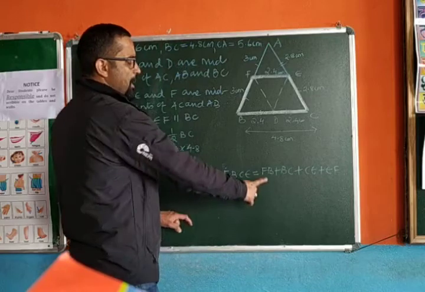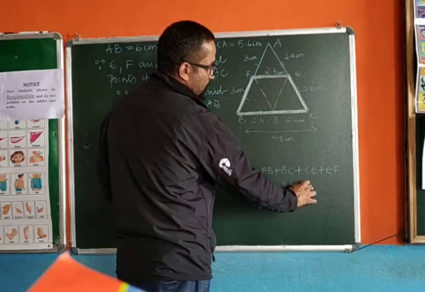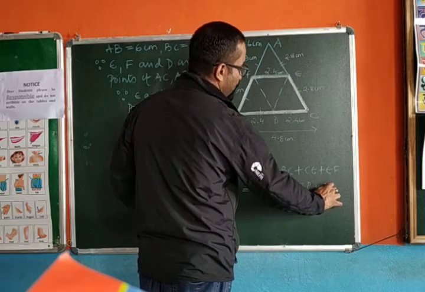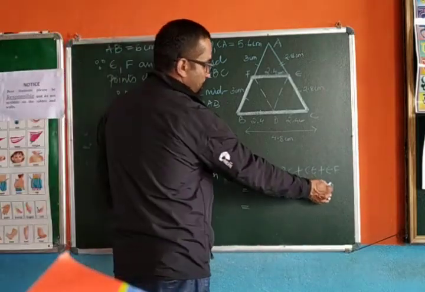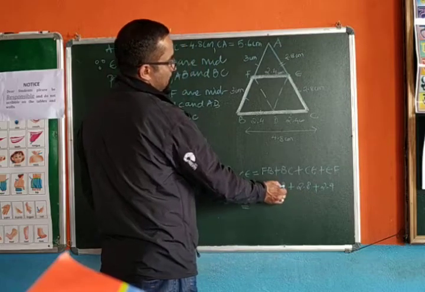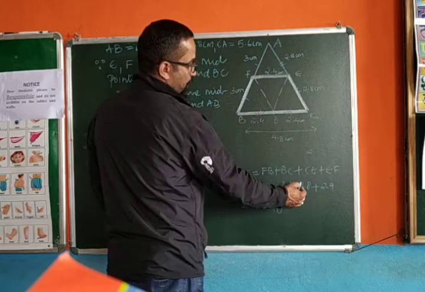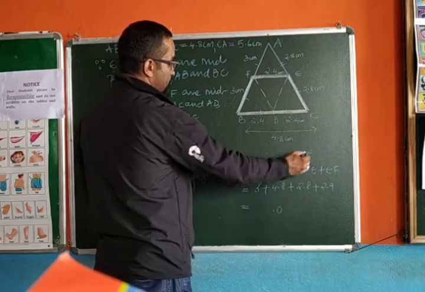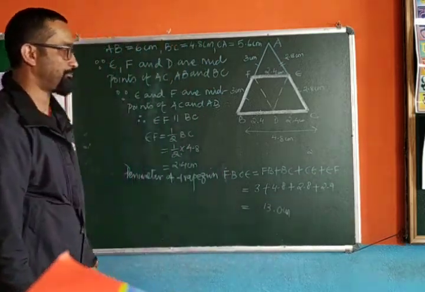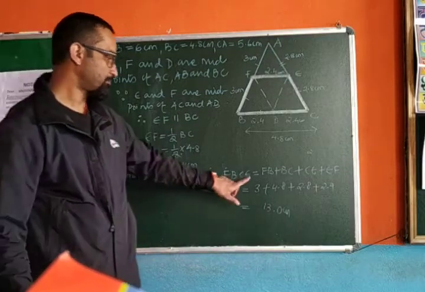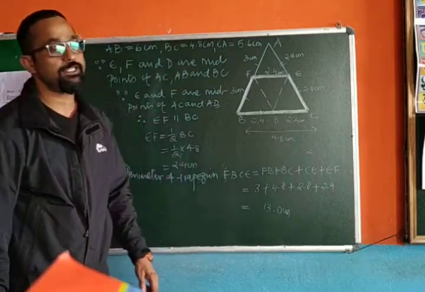Substitute. FB is 3 centimeter, 4.8 centimeter, 2.8 centimeter and 2.4 centimeter. Add it up. 13 centimeter is the perimeter of the trapezium.